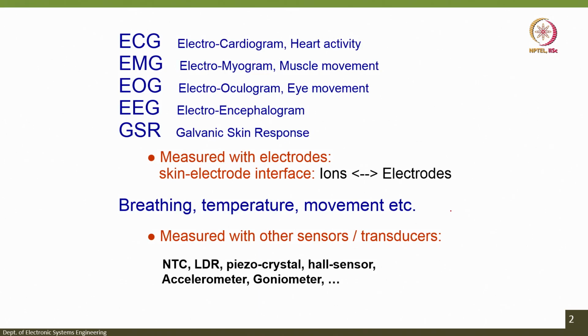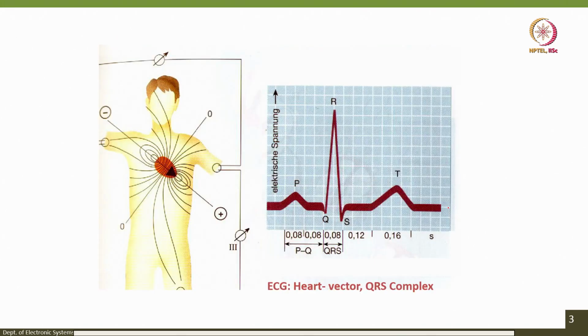Now, several kinds of sensors are available, for example, LDR, NTC, accelerometer, goniometer, piezoelectric, Hall sensors, and so on and so forth. There is an endless list of these sensors. Generally, these are the waveforms that in a continuous fashion we see on the screen, in movies, in serials, where there are multiple electrodes placed on the chest of a patient and the ECG is measured.